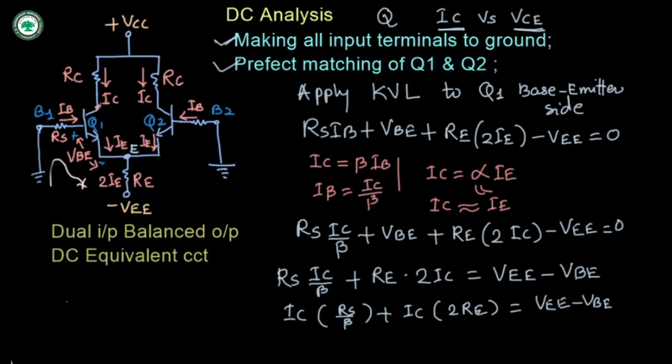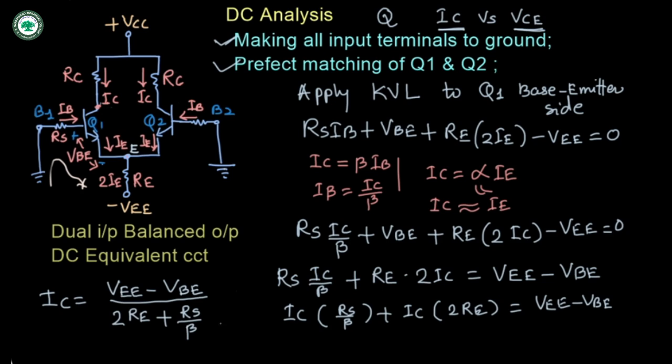Now rearranging this equation, we will be getting directly IC is equal to VEE minus VBE upon, now these two terms, one is twice RE plus the second is RS upon beta.